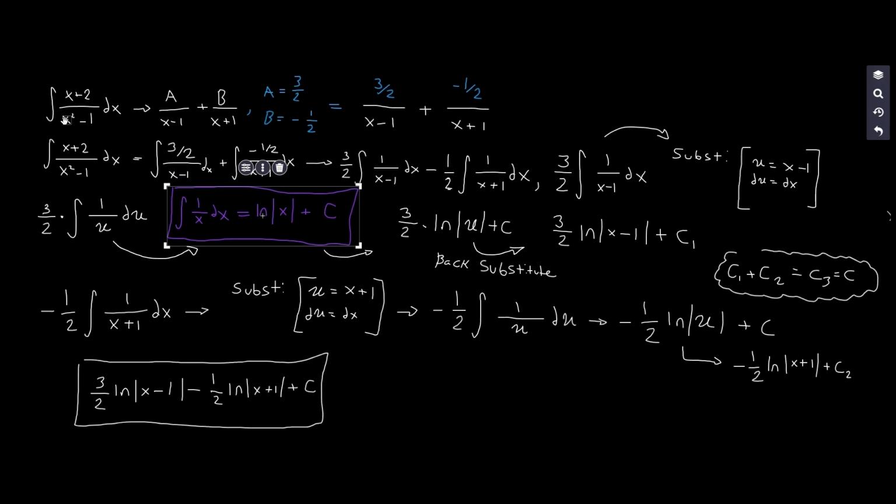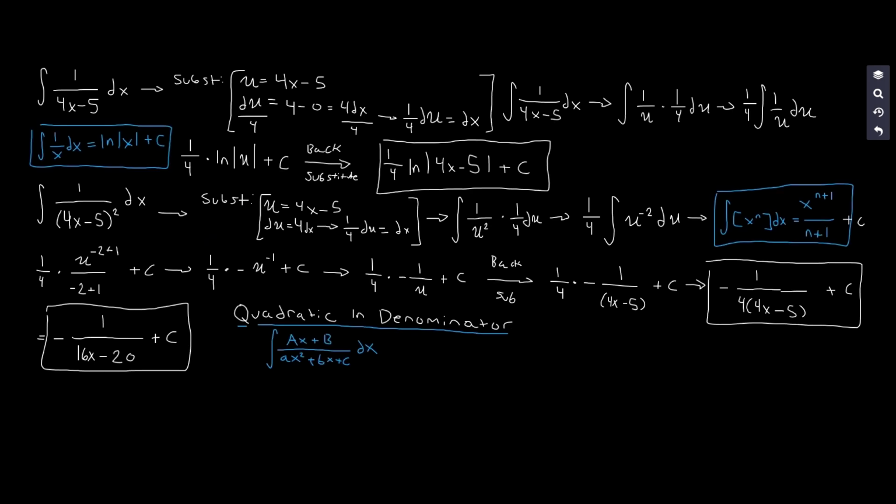Now, even the previous example that we had just done, with the denominator of 4x minus 5 quantity squared on the bottom, that didn't pose a problem since we just had to deal with the square of the linear term. So what's left? Well, the only possibility is that the quadratic on the bottom cannot be factored. That is, its discriminant, b squared minus 4 times a times c, is negative. So an example of an integral like this would look like this.